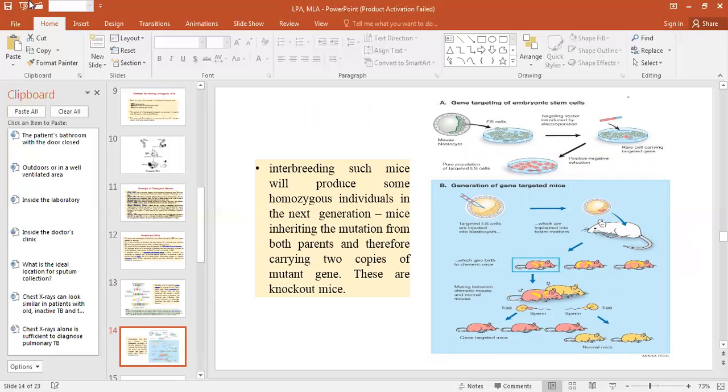This technique allows a specific gene on the mouse genome to be altered by replacing it with a similar genetic sequence which has been modified to contain a certain mutation.